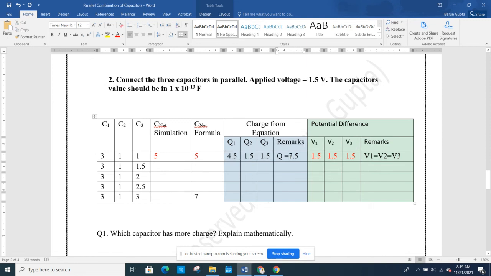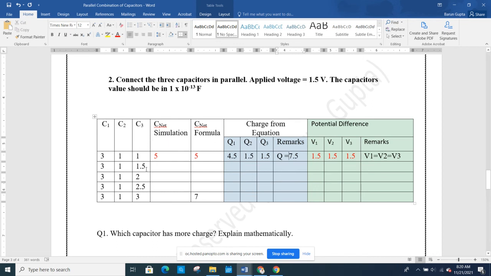7.5. And one more thing here is Q1 is greater than Q2 because C1 is greater than C2 and all the capacitors are in parallel combination. So the learning outcome here is if the capacitors are connected in parallel, then the larger capacitor will always store more charge and more energy.